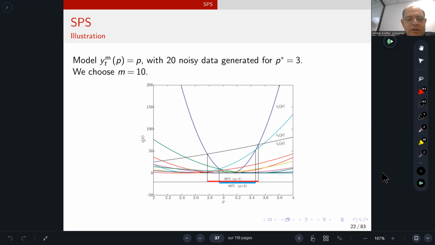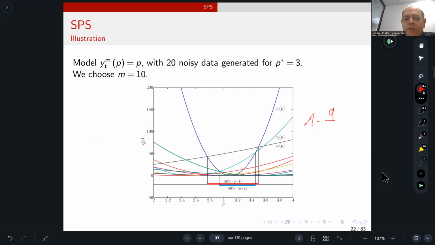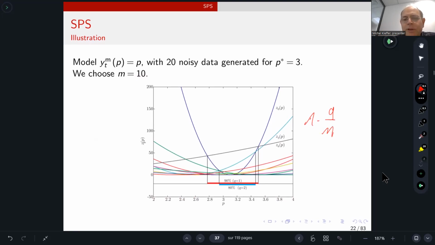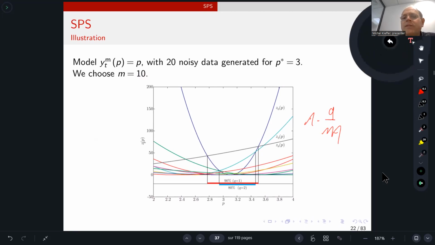Afterwards, if we select q equal to 1, since we have 10 generated sums, the probability is 1 minus q over m, so we have a confidence region with a level of 90%. This is a 90% confidence region here in red.